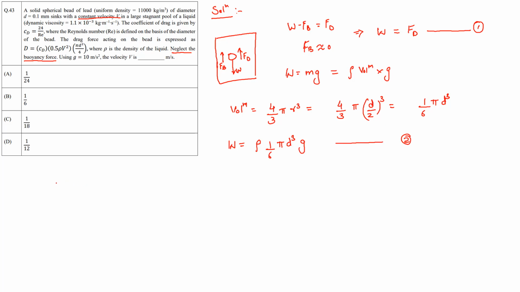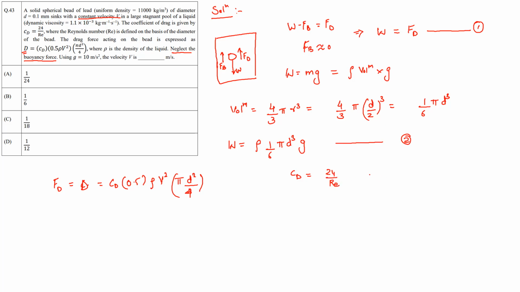Now in the question they have already given us the expression for the drag force. So Fd here is called capital D and is given by CD times 0.5 rho V square times pi d square by 4. Also we have been given that CD is nothing but 24 over Re.